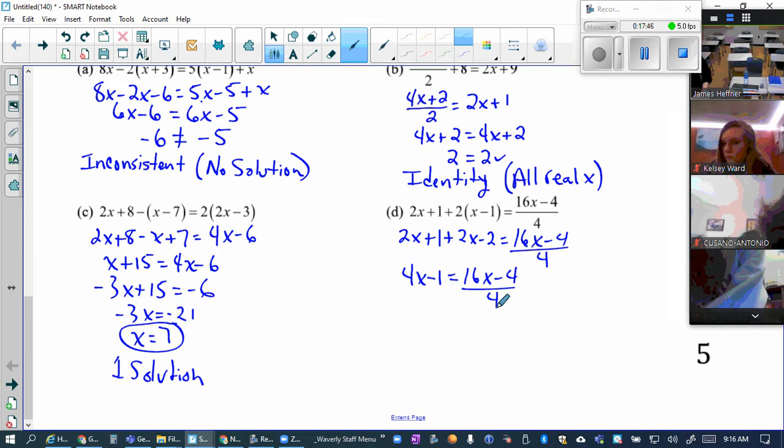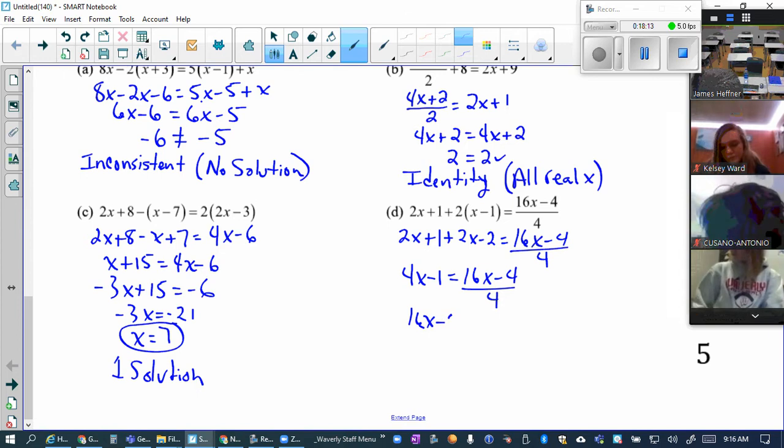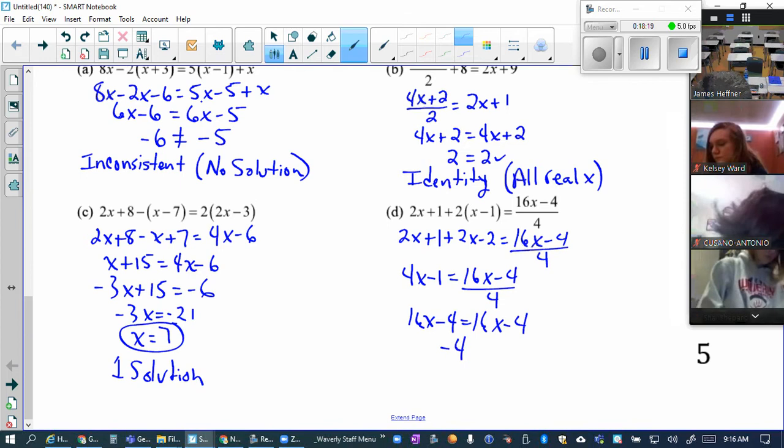All right. What do we do now to both sides, everybody? Multiply them by 4. Multiply both sides by 4. There you go. And you should get negative 4 equals negative 4, yeah?